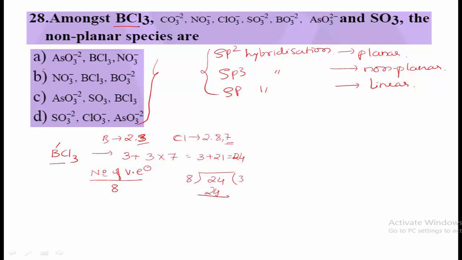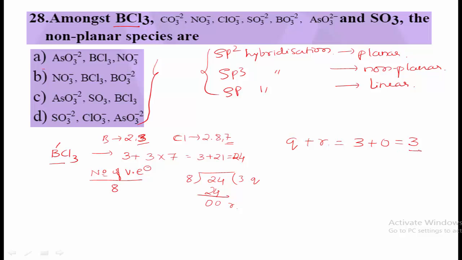So 24 minus 24, how much will you get? 0. So 3 is the quotient and 0 is the remainder. After calculating the quotient and remainder, you have to add up that quotient and remainder. Upon addition of quotient and remainder, how much will you get? Quotient is 3, remainder is 0. So 3 plus 0 is 3 only.